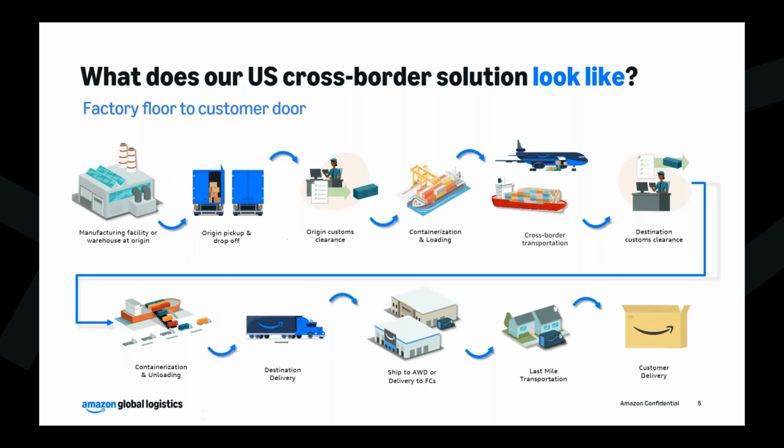We're doing the customs clearance, the containerization, and obviously also the loading. We're doing the cross-border transportation via ocean freight and air freight at the moment, only US. We're doing the destination customs clearance, containerization, unloading, and then again the delivery to the fulfillment center or to AWD.